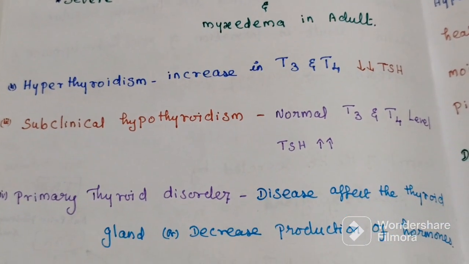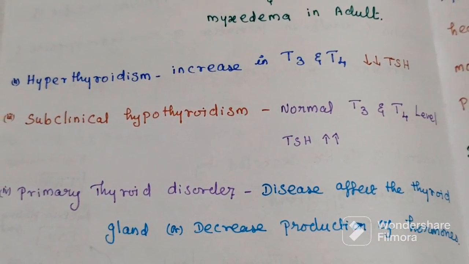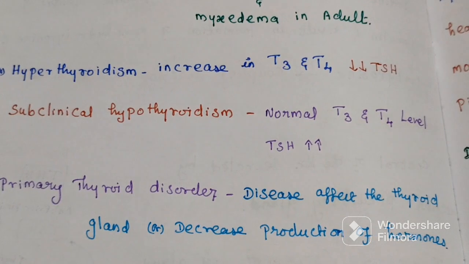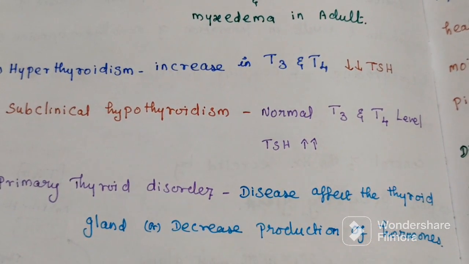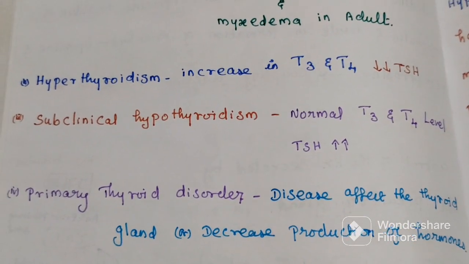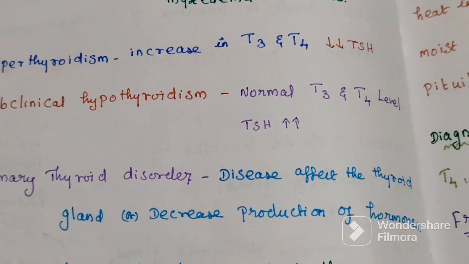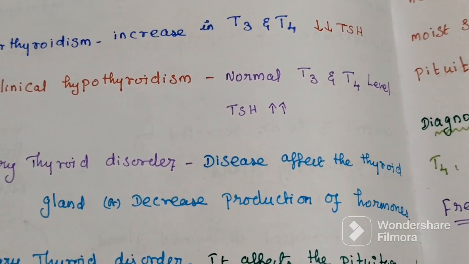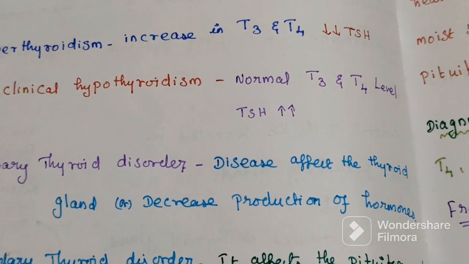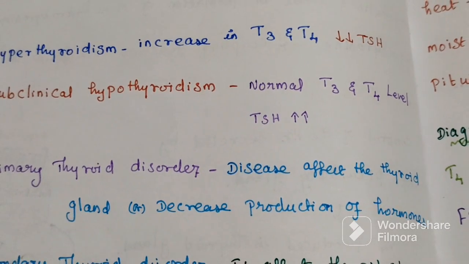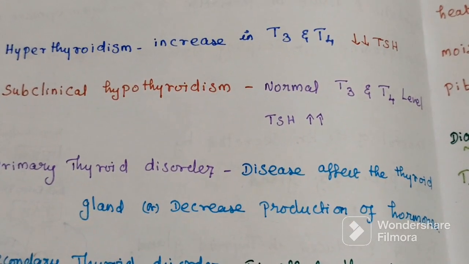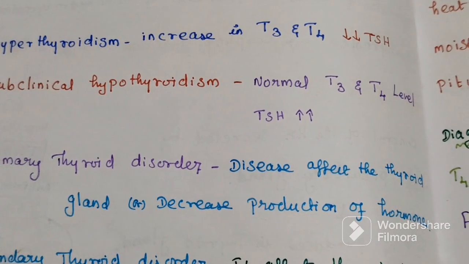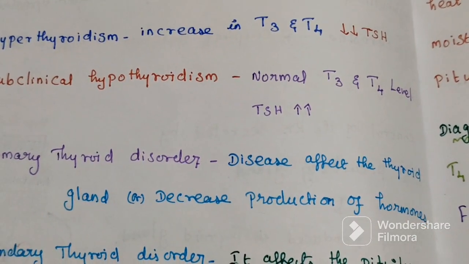Then subclinical hypothyroidism means there is a normal level of T3 and T4, but the TSH level is affected.